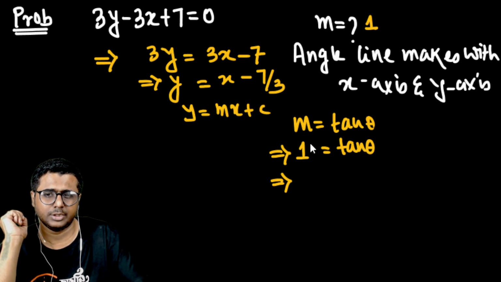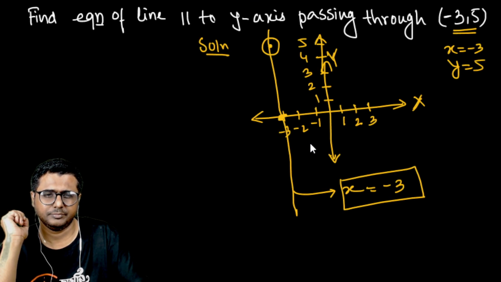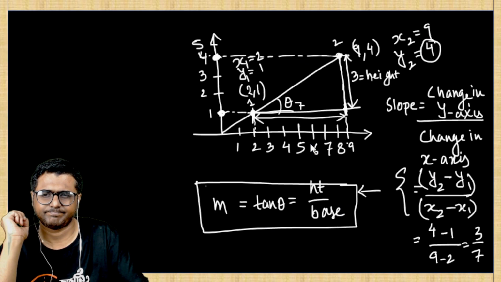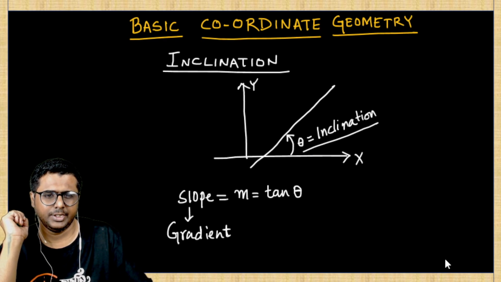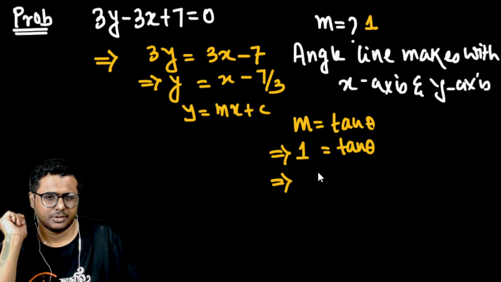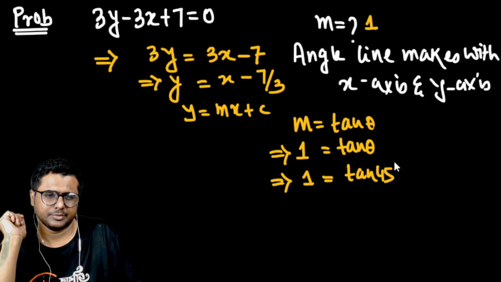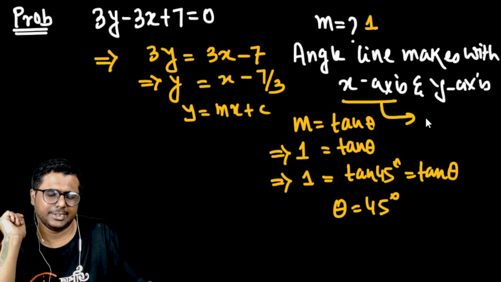If I go into the slide that we have discussed today, the first slide, theta is the angle a line makes with the x axis. So here 1 is nothing but tan 45 degrees, and that is equal to tan theta. So theta becomes 45 degrees. So with the x axis it makes 45 degrees.